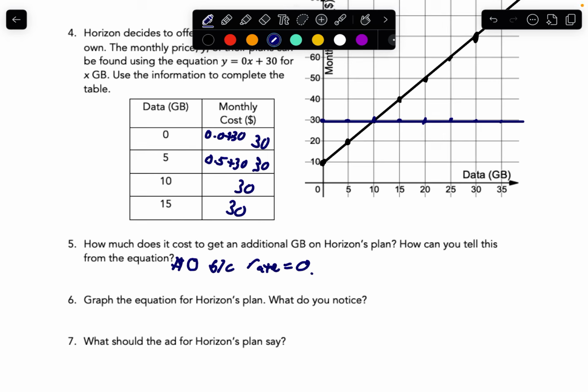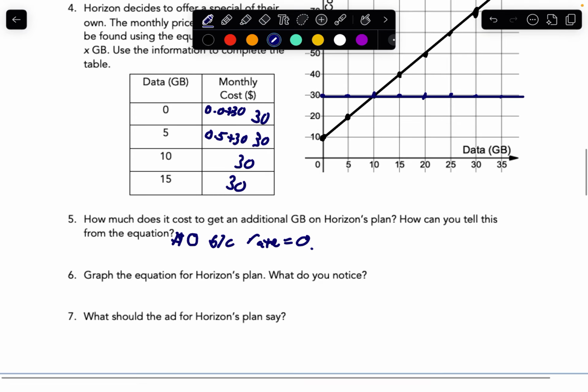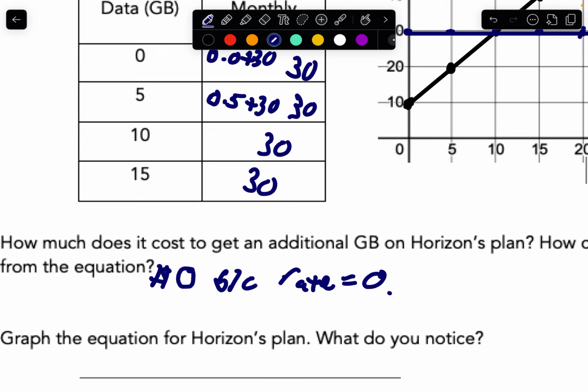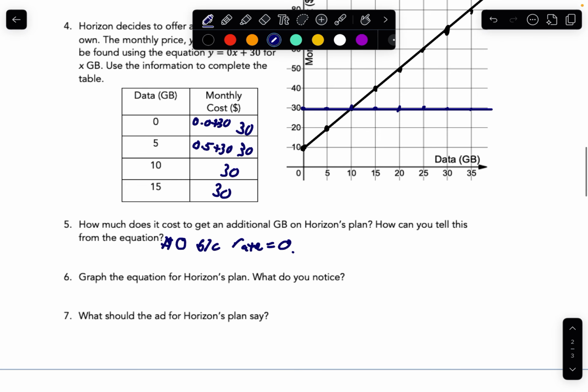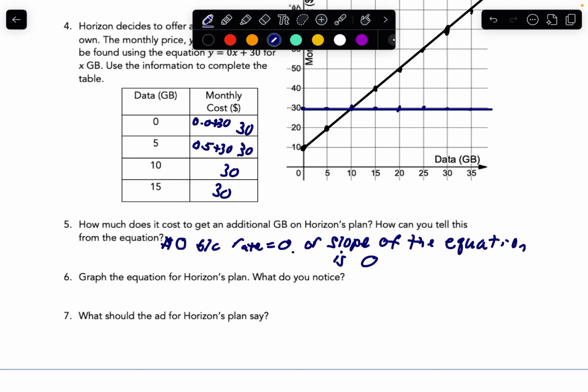So now I'm back. All right, so how much does it cost to get an additional gigabyte on Horizon's plan? How can you tell this from the equation? Well, it's going to be 0 because the rate, or slope, of the equation is 0.